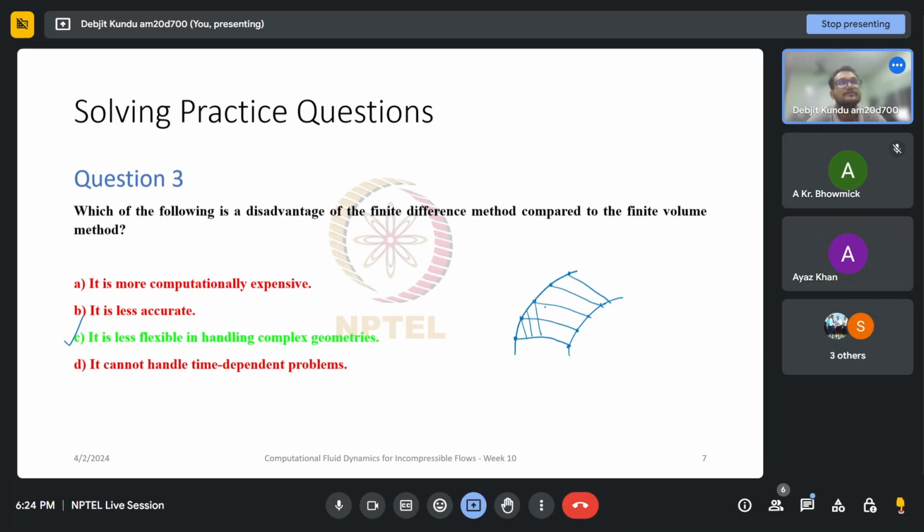So if you are using a non-uniform grid, then you need a separate matrix for all the delta x's and the delta y's. The bookkeeping becomes difficult. You need multiple matrices which are keeping track of each of them.